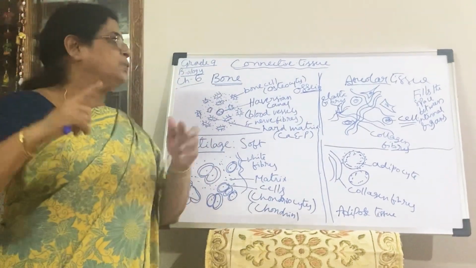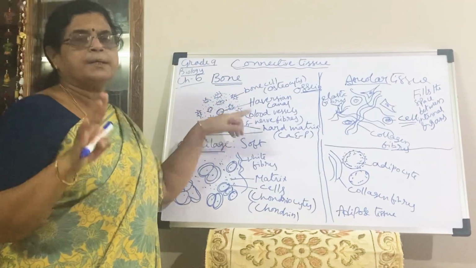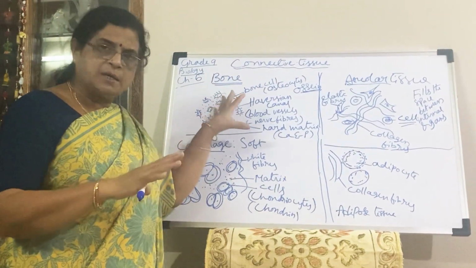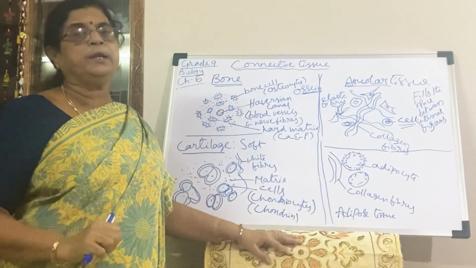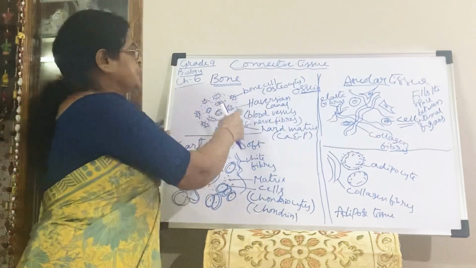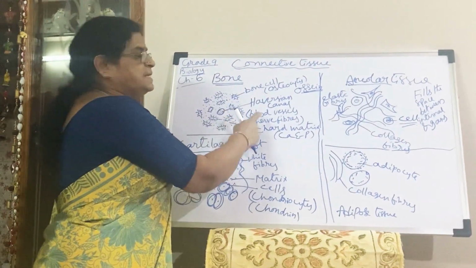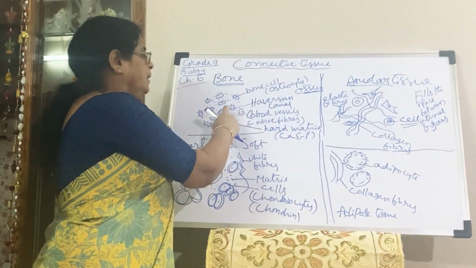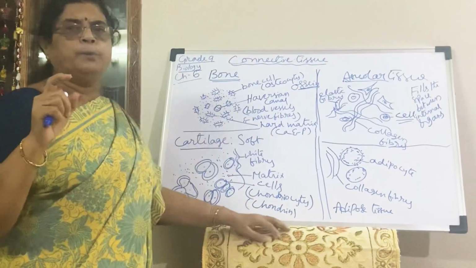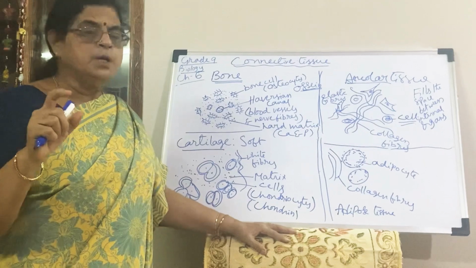Again connective tissue. So about the bone: bone cells are called osteocytes, and the matrix is hard, made up of calcium carbonate and calcium phosphate. If you see the bone, it has blood vessels and nerve fibers, and each cell has a Haversian canal. Bone protein is called ossein.